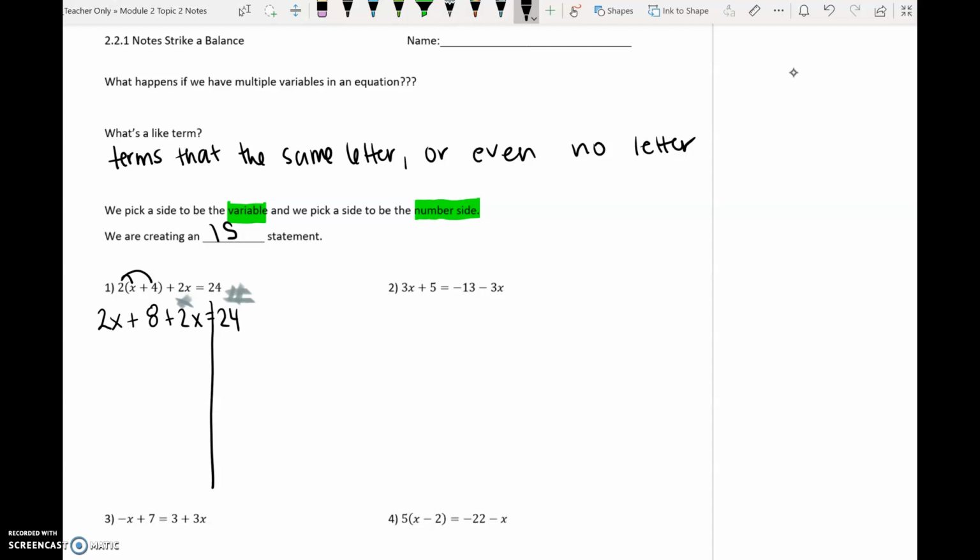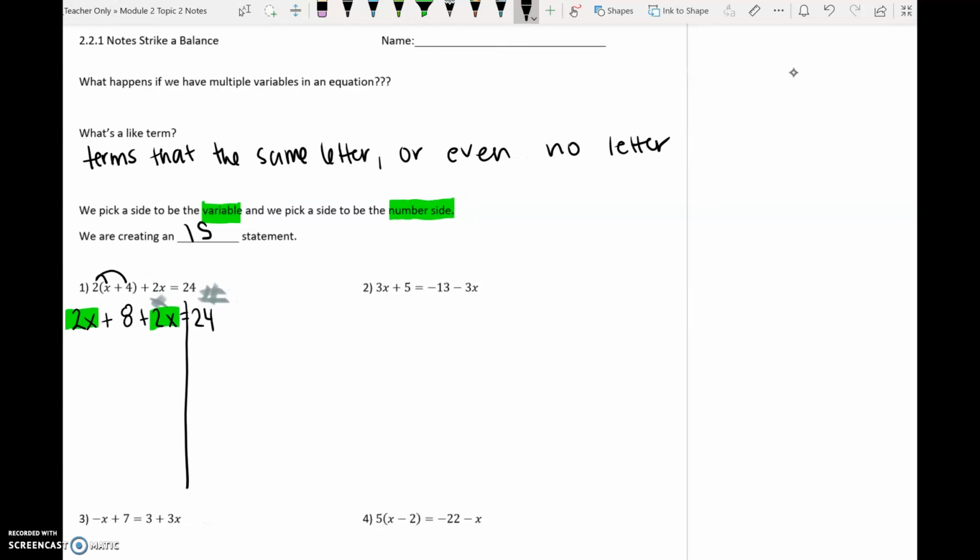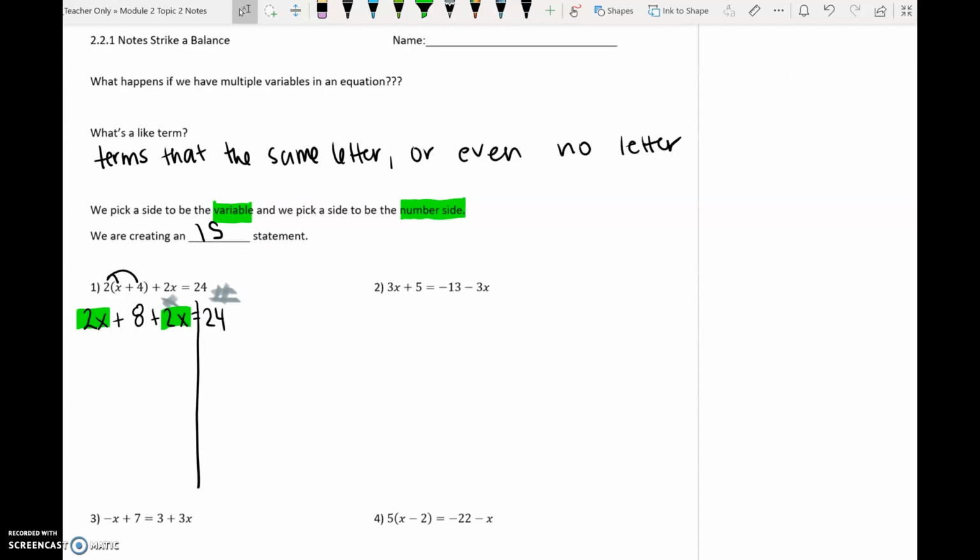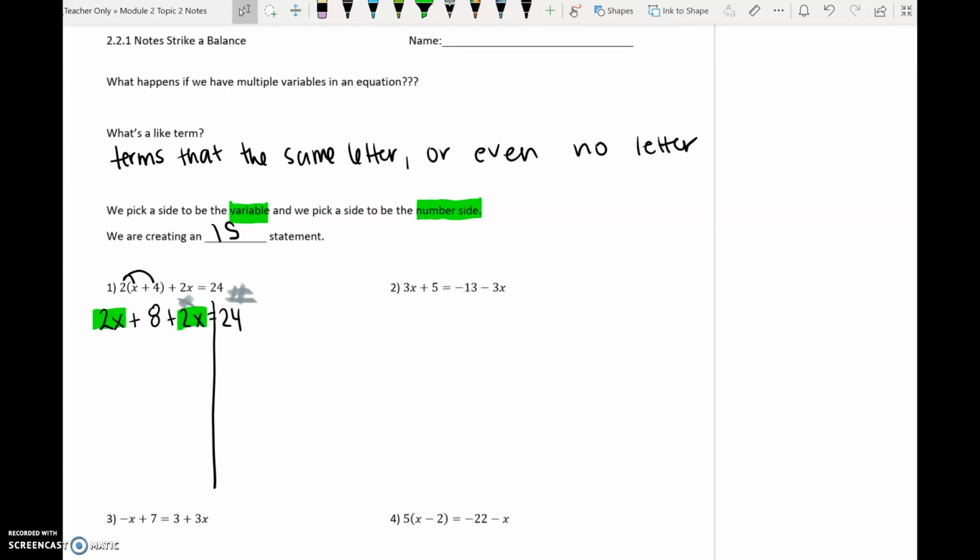If I want this side to be my x side, I need to get together my like terms. I have a 2x and I have a 2x. They are on the same side, so I don't have to use inverse operations. I can just combine them as I see them.